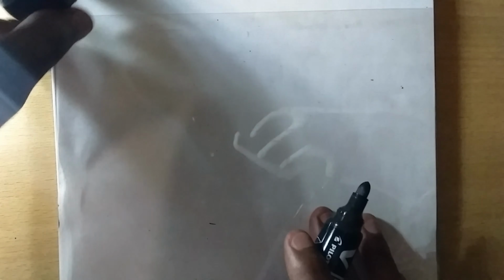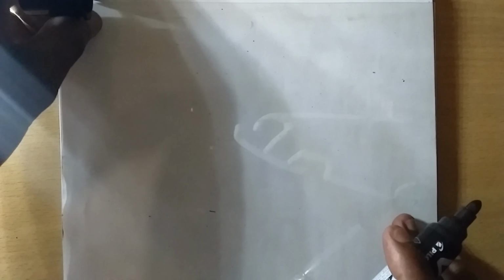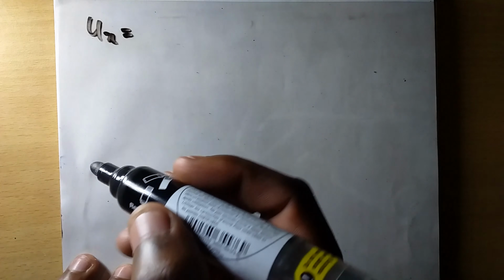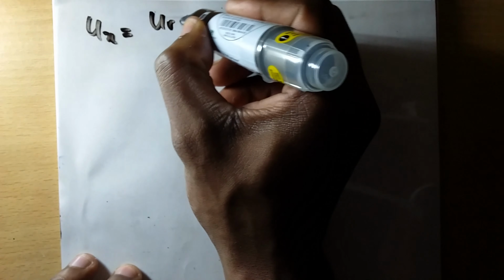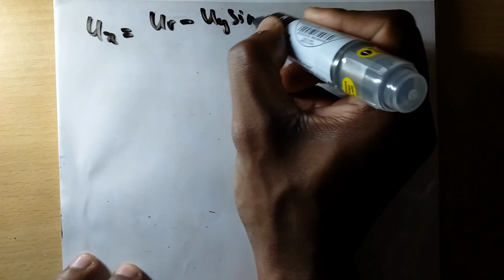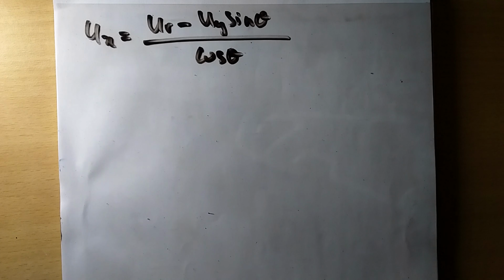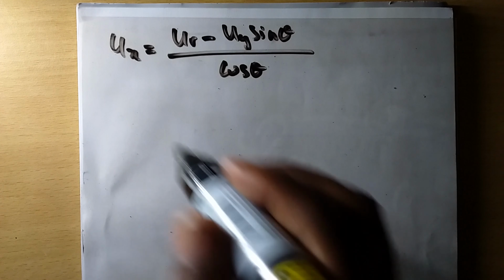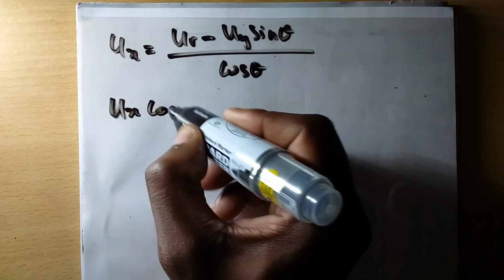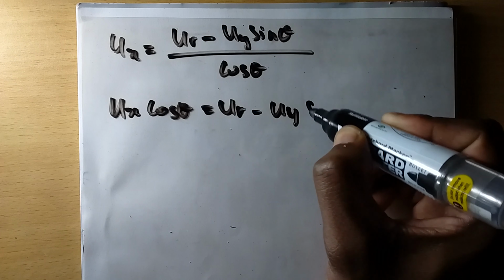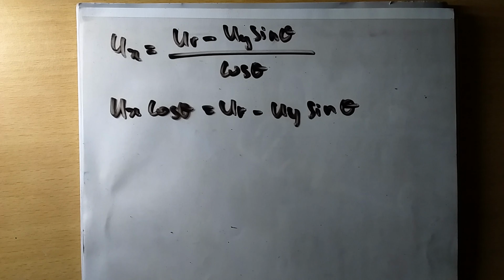Our U_x, the partial of u with respect to x, was given by U_r minus U_y sin θ and the whole thing divided by cos θ. I don't like working hard, so I'll try to manipulate it as early as possible.